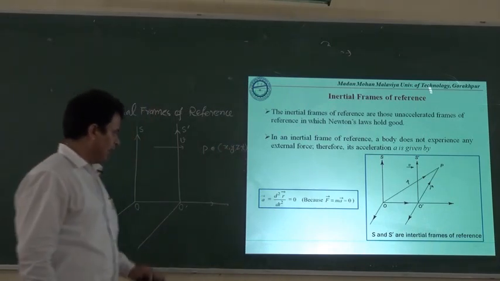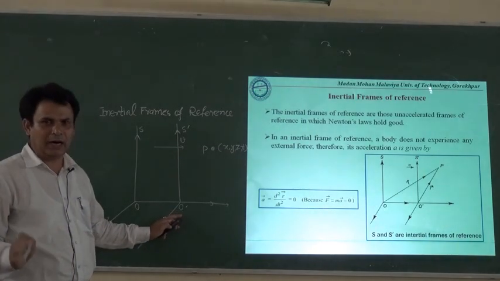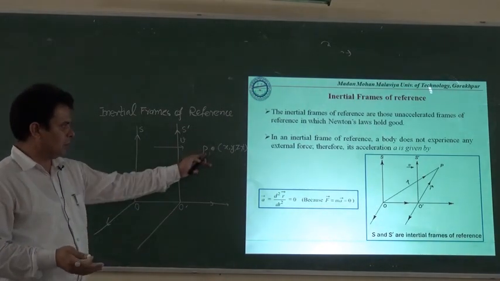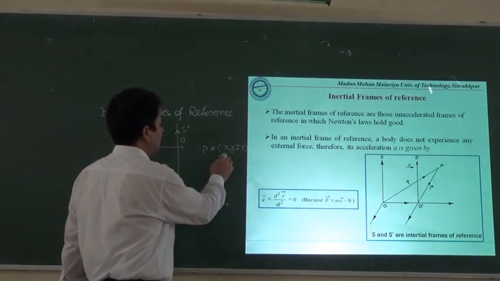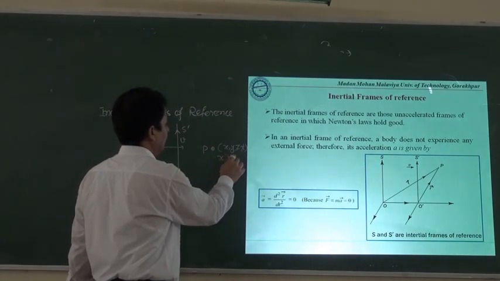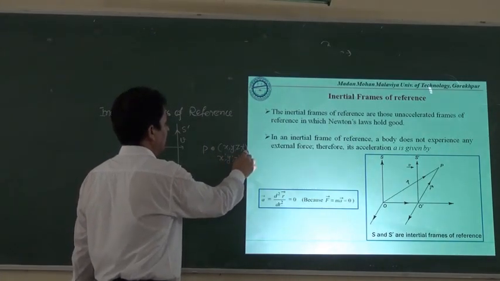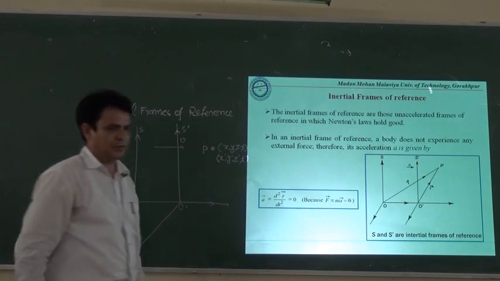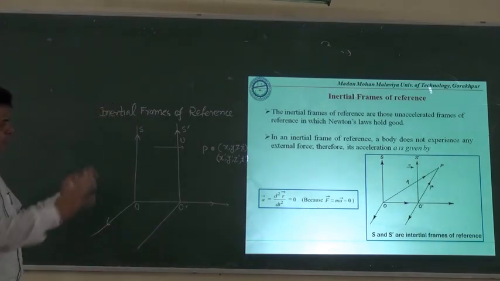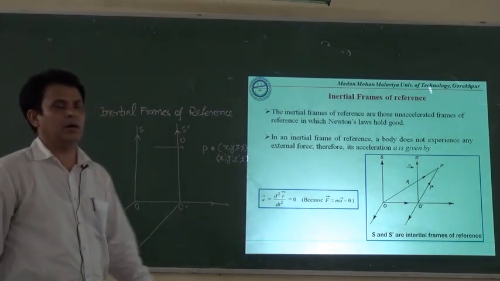At the same time, if O dash is asked what the position of this particular point is, then it is x dash, y dash, z dash and t dash. These are the information. What should be the relation between these?